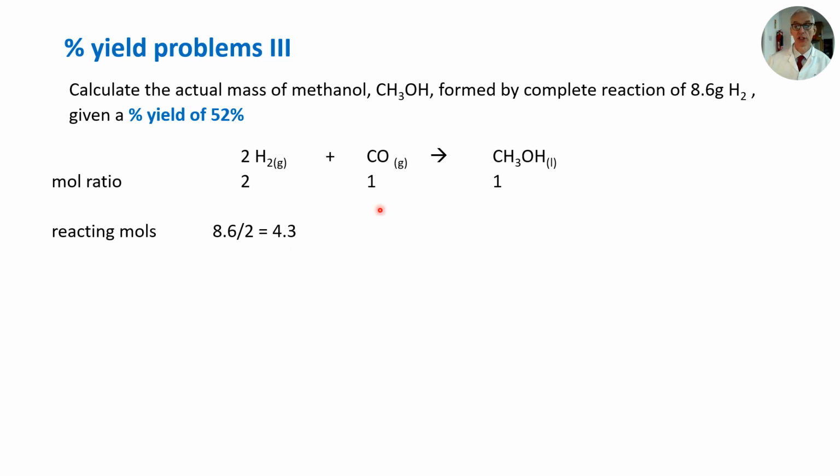Well, we're told it's a complete reaction of hydrogen. So we know that hydrogen is fully reacted. So 8.6 divided by 2 gives us 4.3 moles of hydrogen. Theoretically, on a 2-to-1 ratio, that would produce 2.15 moles of methanol.